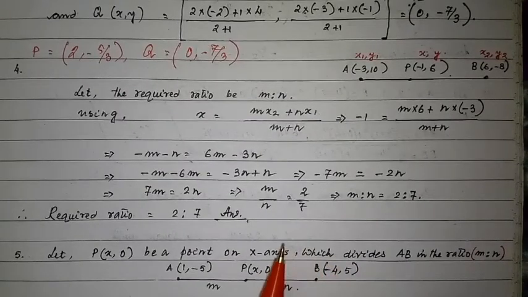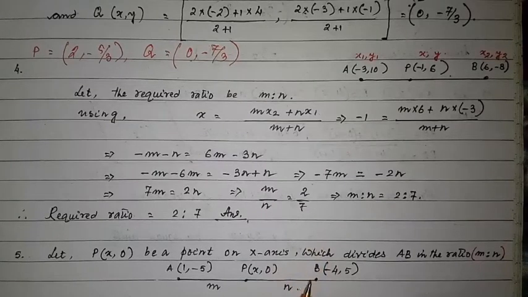Next, sum number 4. Find the ratio in which the line segment joining the points (-3, 10) and (6, -8) is divided by (-1, 6).